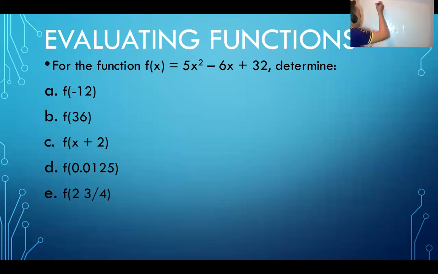Okay, so f of x equals 5x squared minus 6x plus 32. Ayan. So letter C. Tama? Letter C na tayo. Find the function of x plus 2. It's a binomial again.